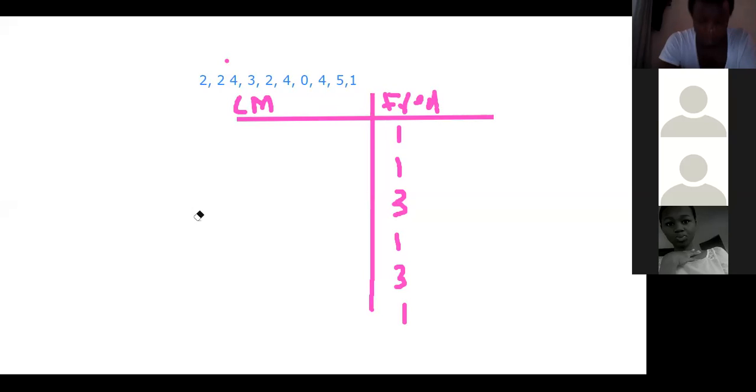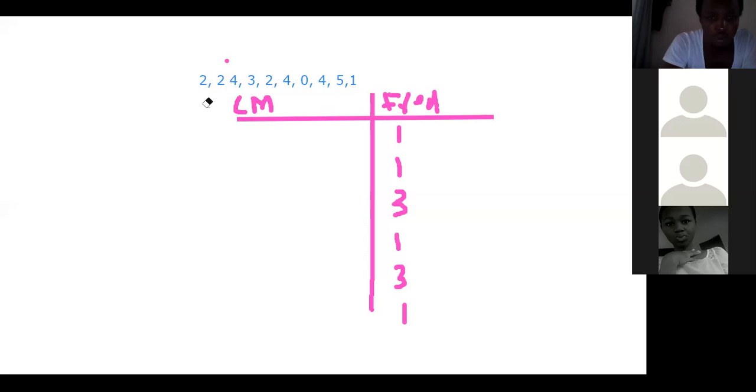Then they say prepare a group frequency table by taking the class intervals 135 to 140, 140 to 145, and so on and so forth. So now they've given the class interval and the starting point. Let's say the starting point is 135 to 140.